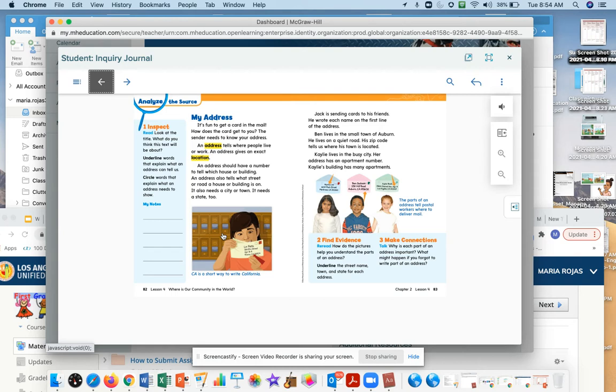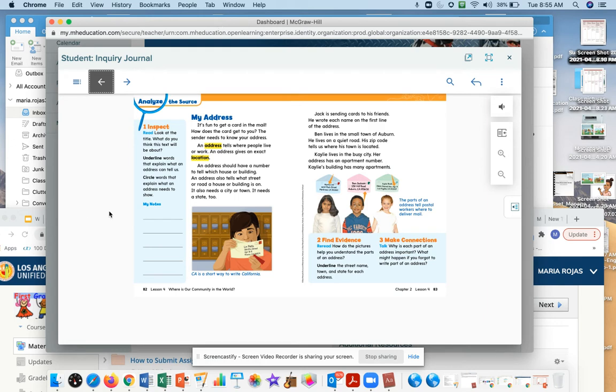So make sure that you pay attention, because sooner or later you might want to send a letter to someone, or you might want to get something from a person. So you might have to know how to do your address correctly if somebody ever asks.